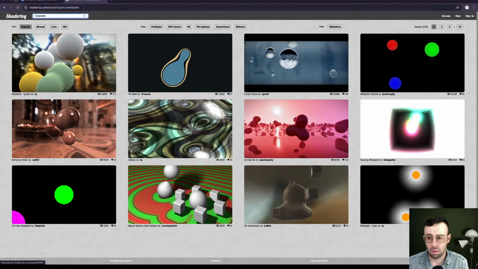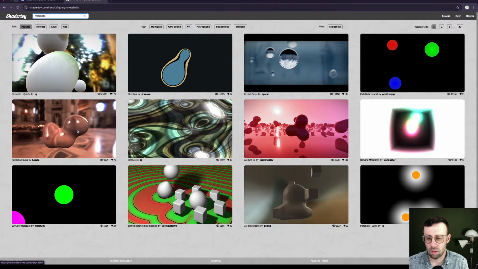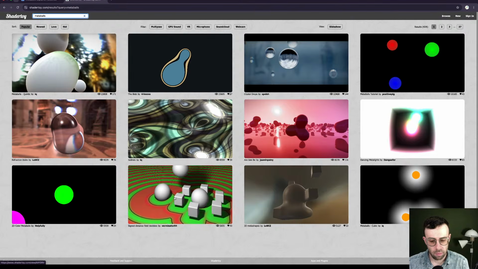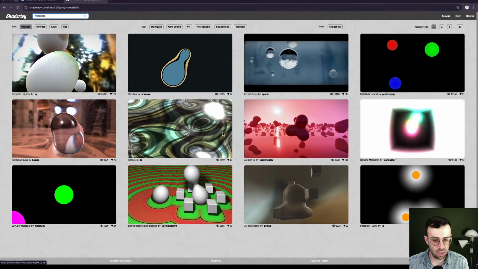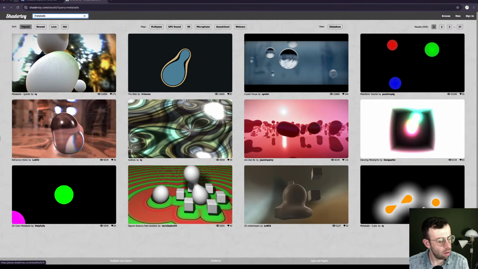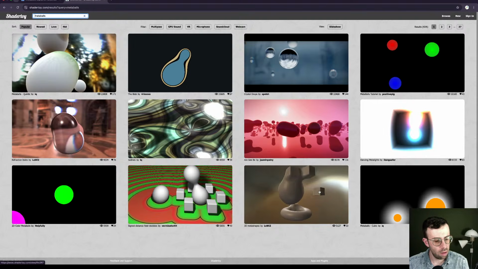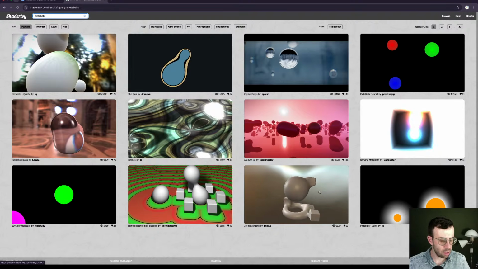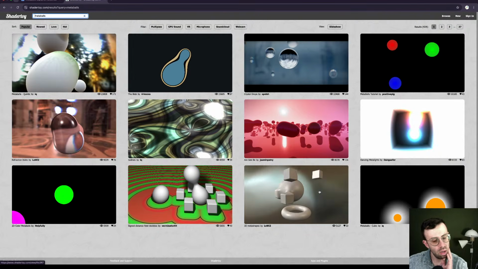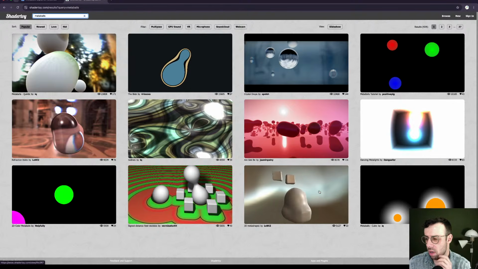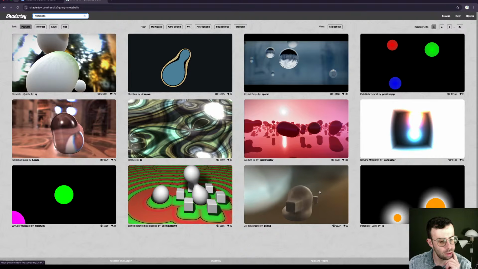Similar stuff. These look like signed distance functions or something. Whoa. Cool. Oh, I guess you don't have to use just balls. Oh, yeah. We could have used other shapes. Yeah, we didn't have to use circles.